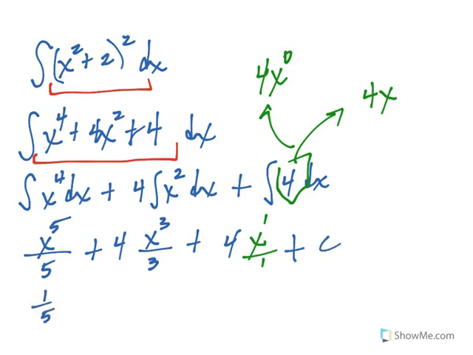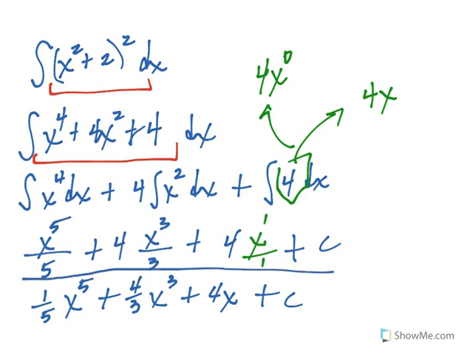This is 1/5 x to the 5th plus 4/3 x cubed plus 4x plus c. I realize that's not a lot of simplification, but I think it's easier to see if you take the fractions and move them completely out to the front. And, of course, eliminate any negative exponents.